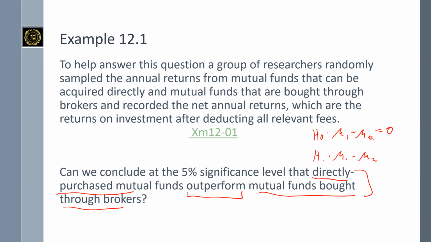Group 1 is directly purchased mutual funds. The second group is mutual funds bought through brokers. So this would be greater than. Anytime you see greater than, you know this is going to be a right-tailed test. Now that's going to be the ending of our two sample t-test.